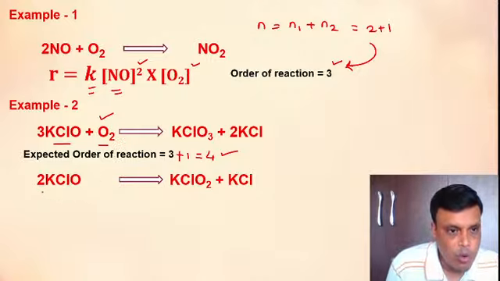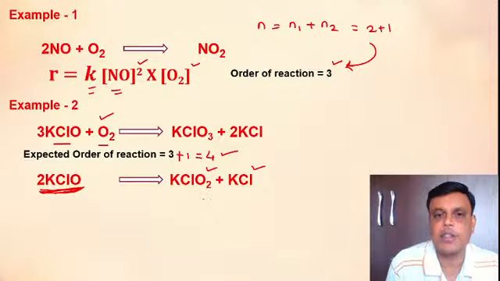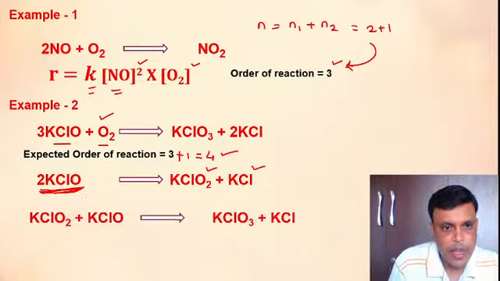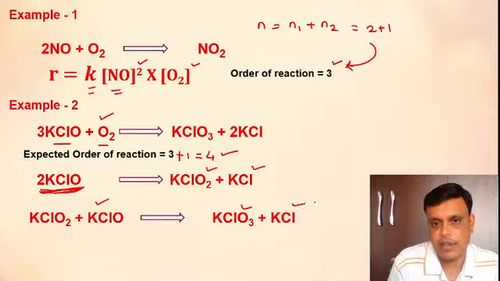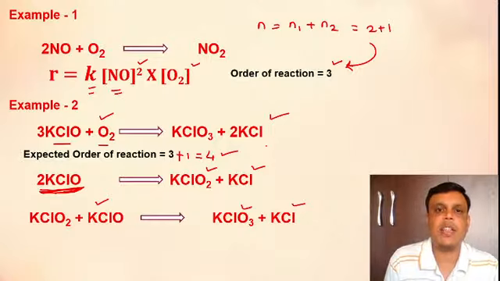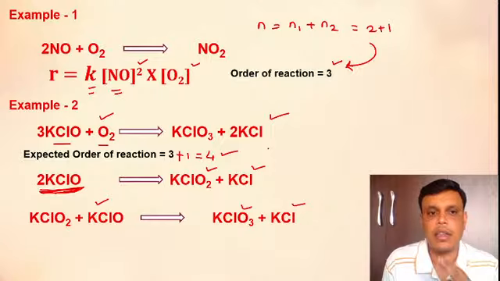So the first step is only 2 KClO, they undergo a decomposition to form KClO2 plus KCl.